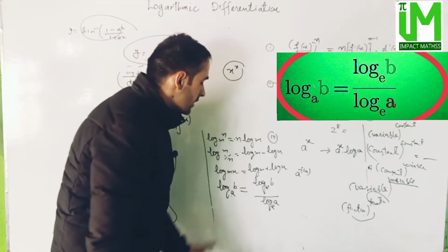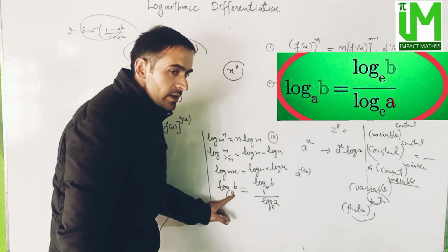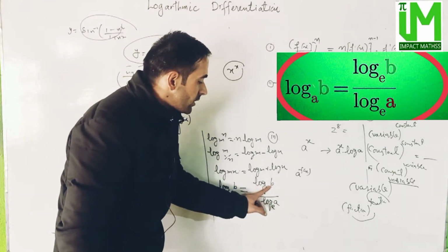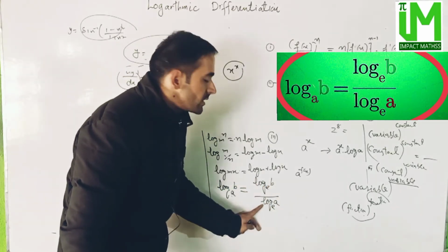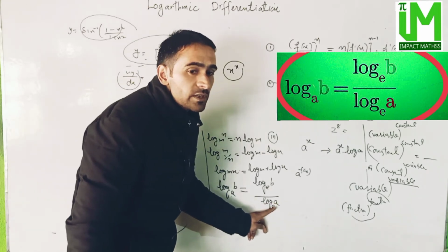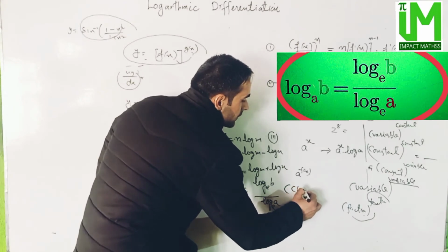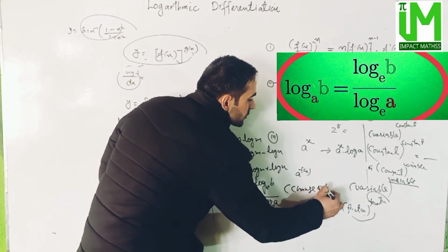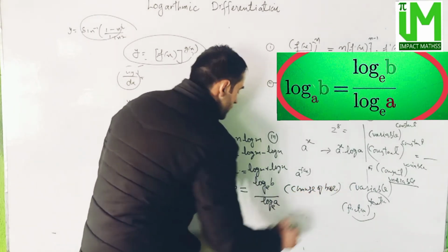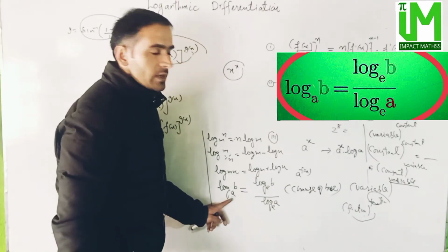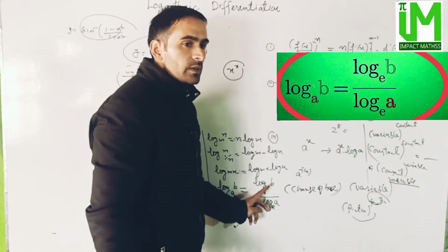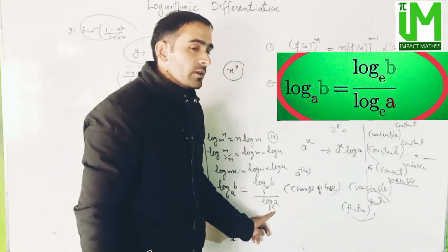So log of b to the base a is equal to log of b to the base e divided by log of a to the base e. This is called change of base.